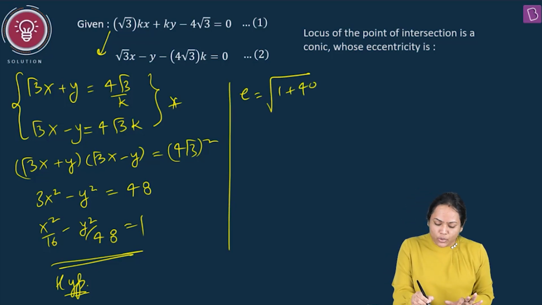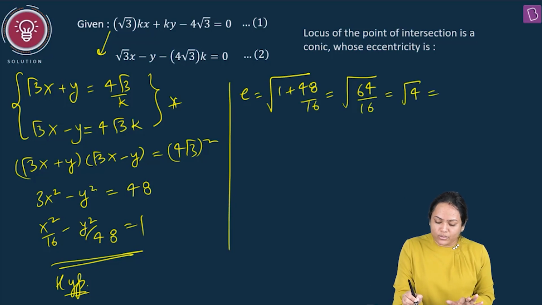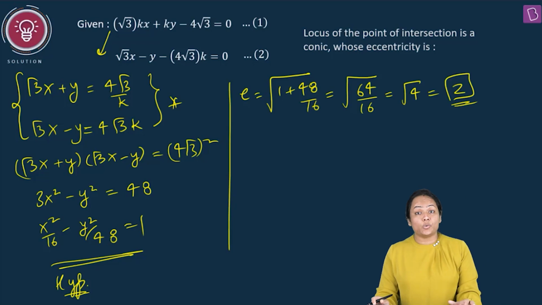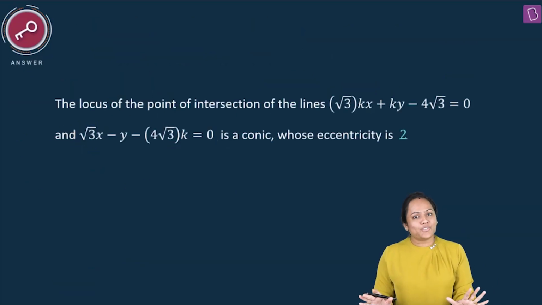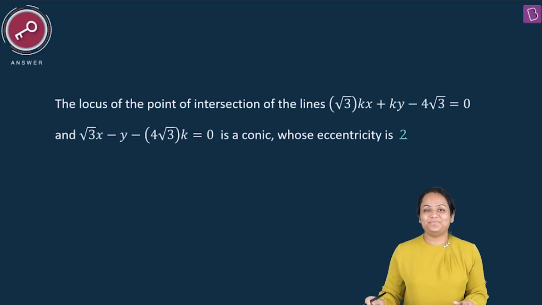So it's going to be 48 by 16, which will become root over 64 by 16, which is root over 4. The final answer is 2. This will be the eccentricity of the hyperbola. Have you understood? Perfect.